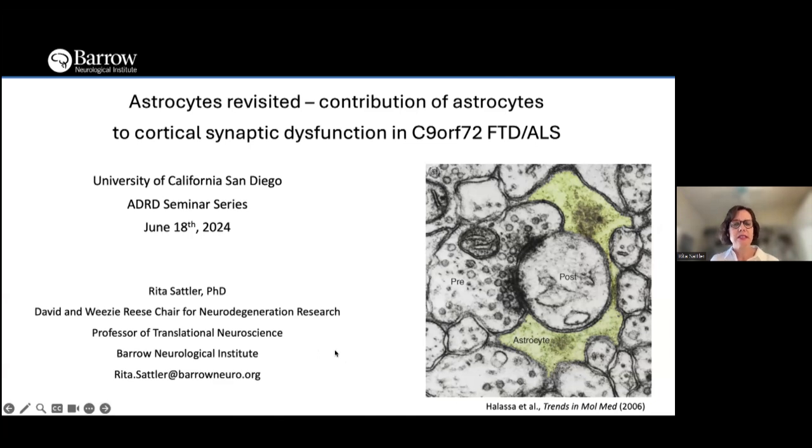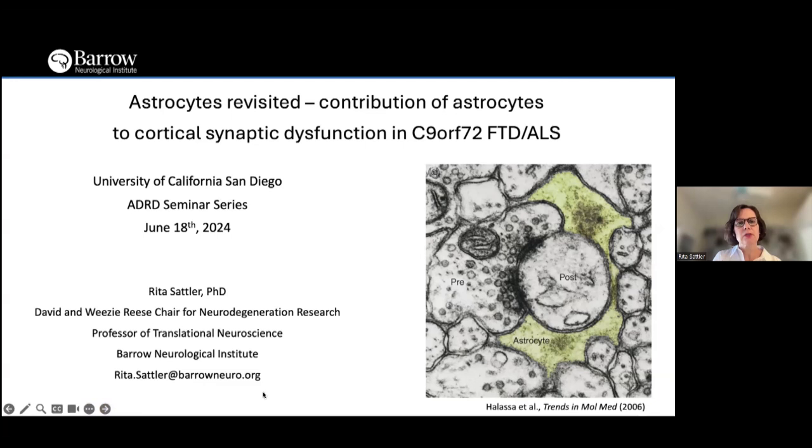And yes, as Stephen indicated, we're really interested in this specific subtype of frontotemporal dementia and ALS that is caused by the mutation of C9orf72, which I'm going to explain in a little bit more detail throughout my talk.